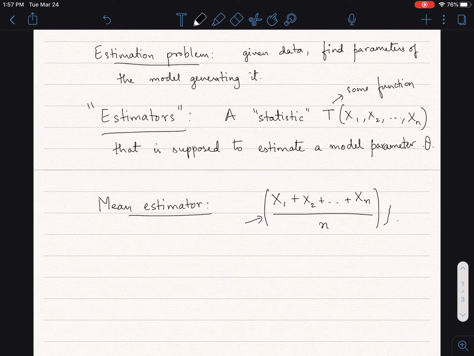Okay. And what we also said last time is that estimators can only hope to work in a probabilistic sense. Okay, so estimators are good only in a probabilistic sense.